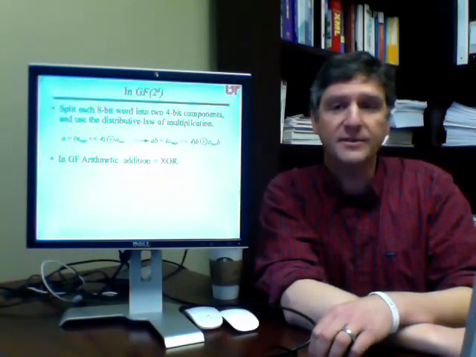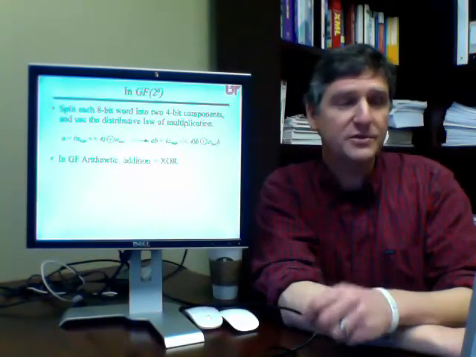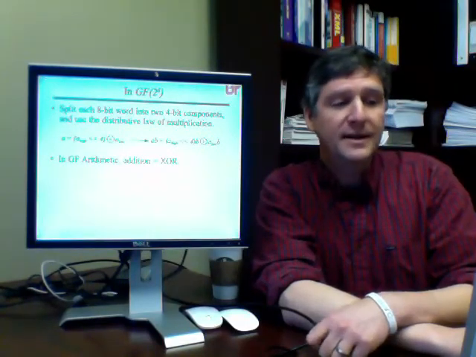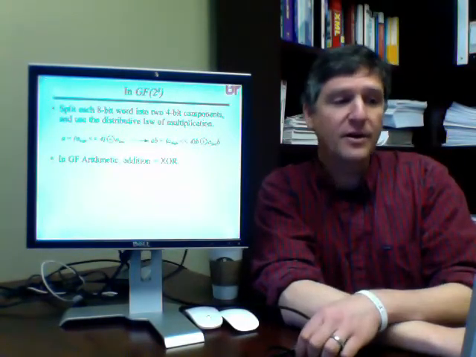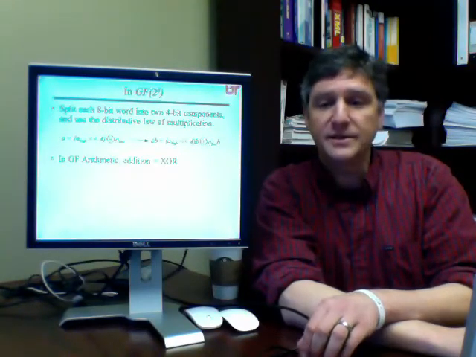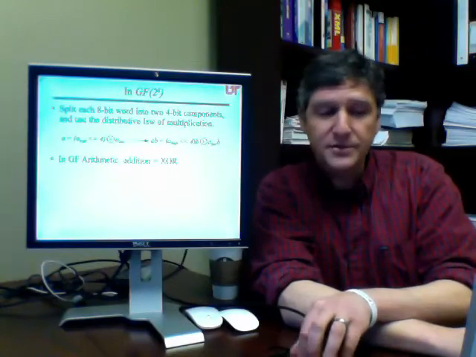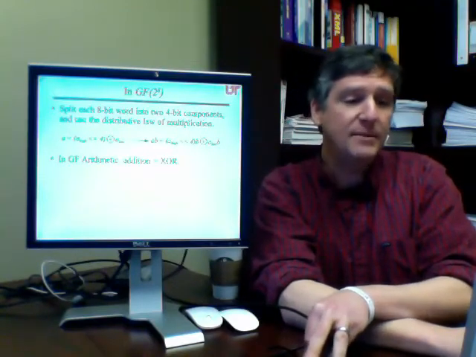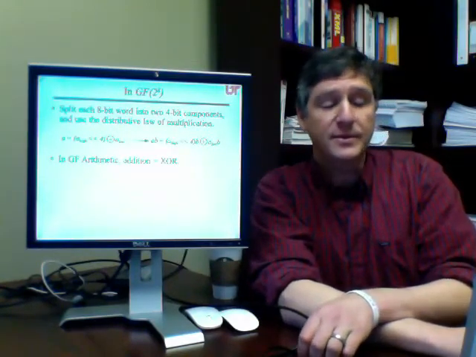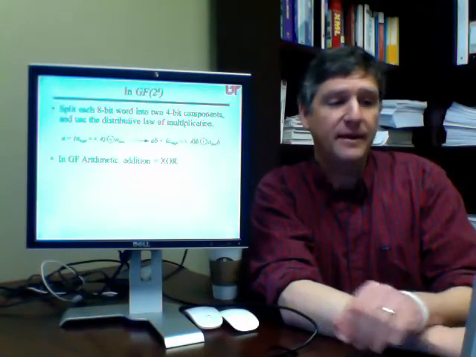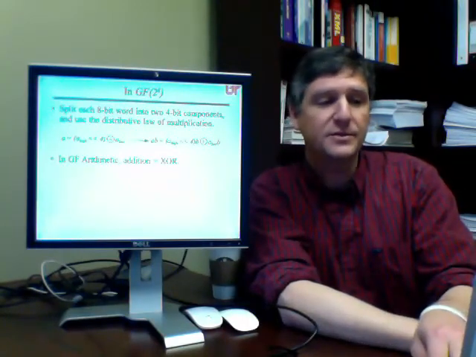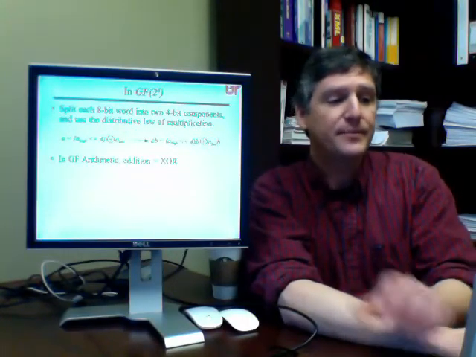When you move to GF2 to the 8th, you use something we learned in elementary school, but that we forgot because it didn't have any real meaning to us. But the distributive law of multiplication says that I can break up an 8-bit word into 2 4-bit components, and then I can do those 2 4-bit multiplications and add them together. And that's what that equation says. And when I'm doing arithmetic, addition is exclusive or, so you exclusive or them together.